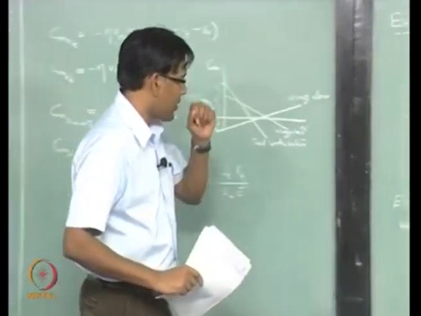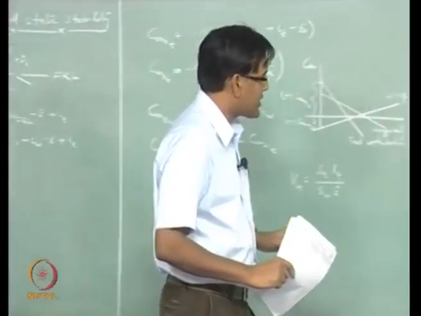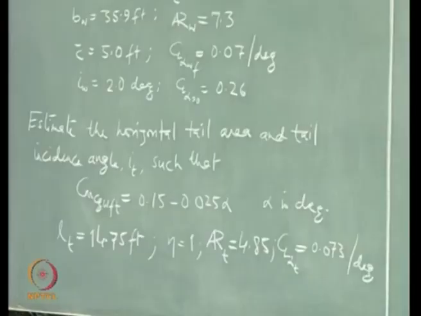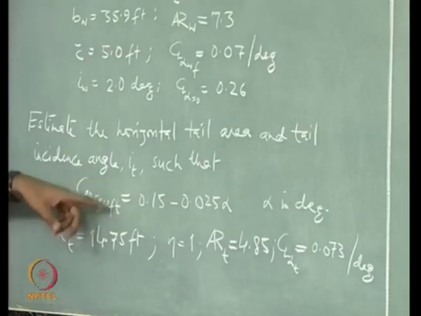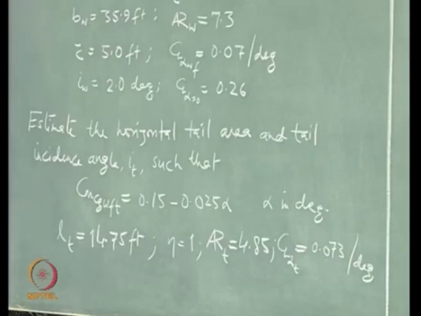So let's look at this problem. We want to estimate the horizontal tail area and tail incidence angle IT, so that the final CMCG, okay, of the wing fuselage tail contribution is this, right. How do you go about it?